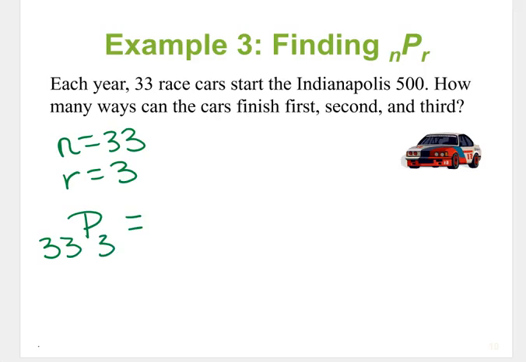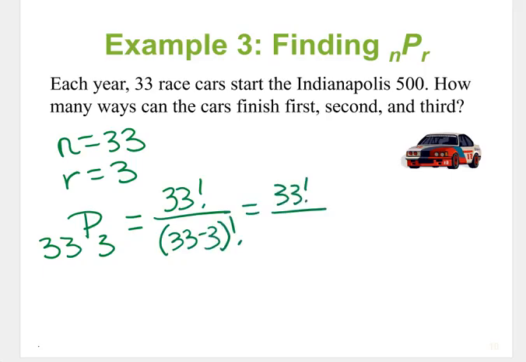Now again, if you didn't have that, then you'd have to use the formula 33 factorial over 33 minus 3 factorial. So that would be 33 factorial over 30 factorial. 33 factorial is 33 times 32 times 31, and then it would be 30 factorial after that.